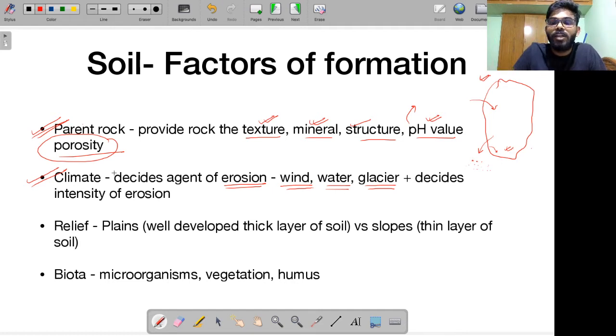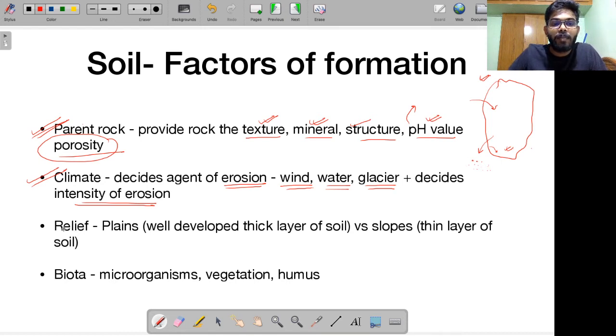Glaciers could be an active agent of erosion, right? If you are in a desert area, then wind could be an active agent of erosion. So the climate basically determines which is the agent of erosion, and the climate also determines the intensity of the erosion. How fast are you going to get eroded? Will it take 10 years, 20 years, 30 years for you to get eroded into soil? That is again determined by the climate in that particular region, right?